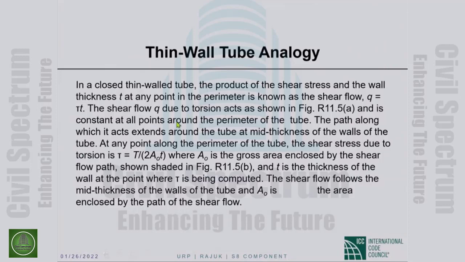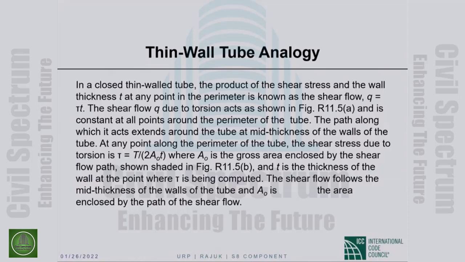The shear flow Q due to torsion acts as shown in the figure that I just showed you and is constant at all points around the perimeter of the tube. The path along which it acts extends around the tube at mid-thickness of the walls of the tube.